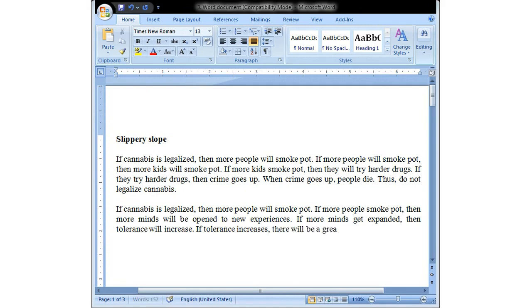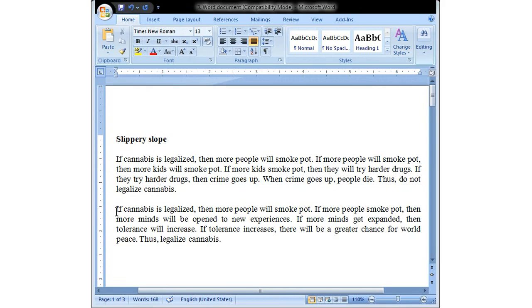There will be a greater chance for world peace. Thus, notice it's the opposite conclusion. As opposed to above, do not legalize cannabis, now it's legalize cannabis. This is kind of like the kumbaya argument for legalizing cannabis. Thus, legalize cannabis.